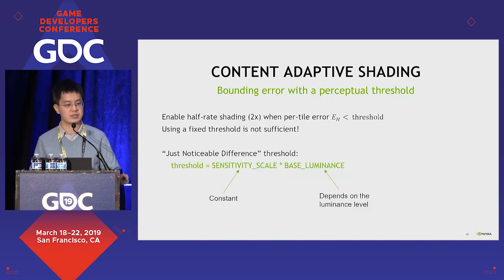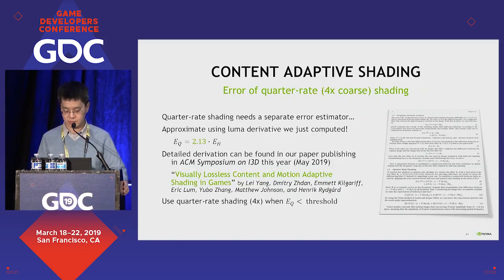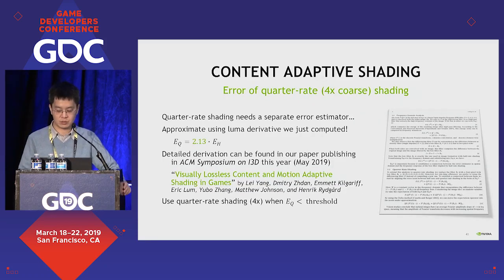So that's what we should set the threshold to. And that's basically saying the brighter the luminance is, the more error our eyes can tolerate. And that's how we decide when to turn on half-rate shading for each dimension.